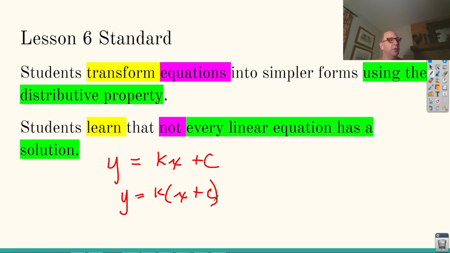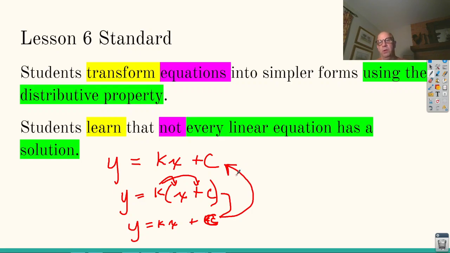We used p, r's, and q's and stuff last time, but I think this will work fine. Now, notice if I distribute here, then I end up with y equals kx plus k times c, which would just be a constant. So basically, if I distribute, I go back to this equation.